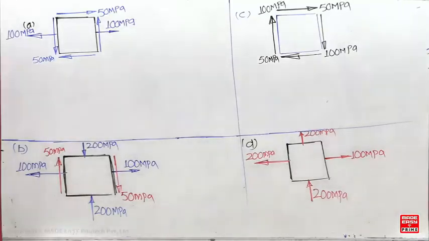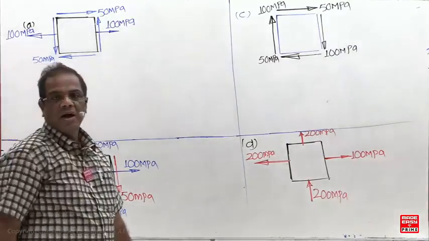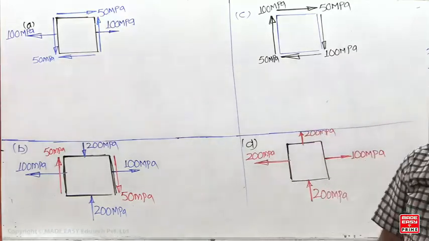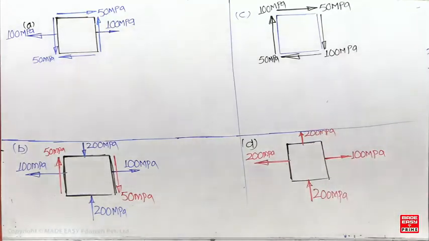So, out of these four figures, which one is representing the biaxial state of stress at a point? It is a simple question.